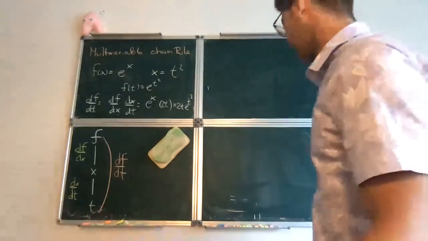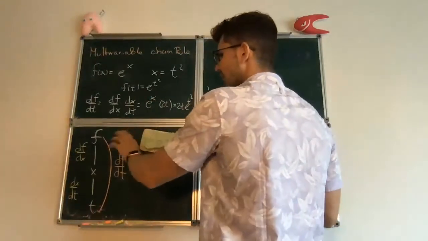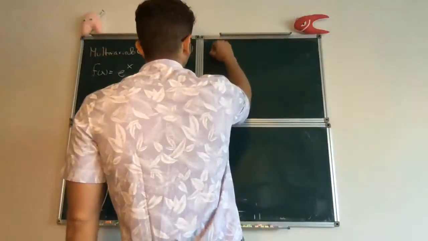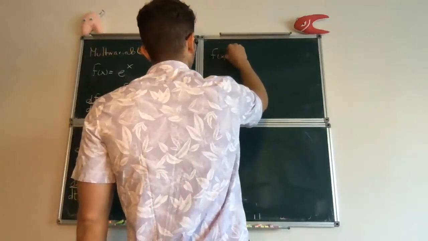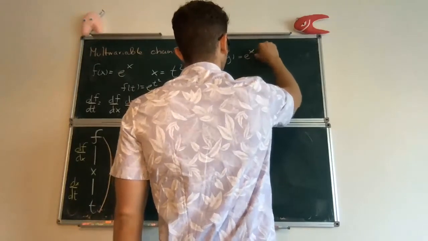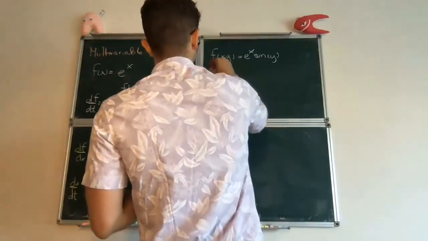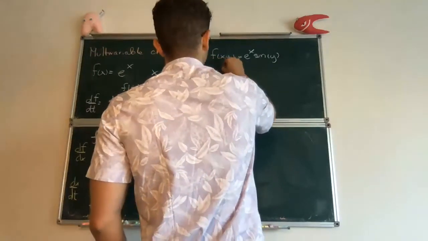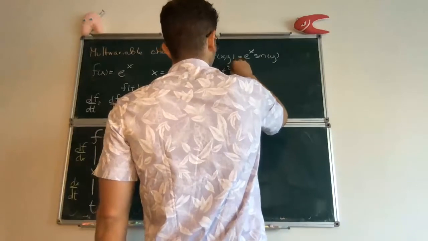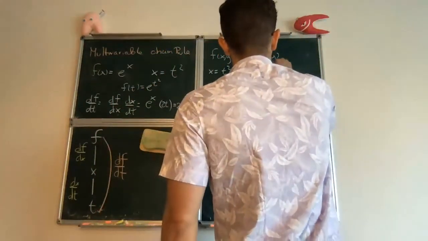Now let's think about what happens in the case of, say, two variables. The point is that a similar diagram works. So say now the function is e to the x sine of y, and then x is a function of t and s, like t squared plus s, and y is a function of t and s.